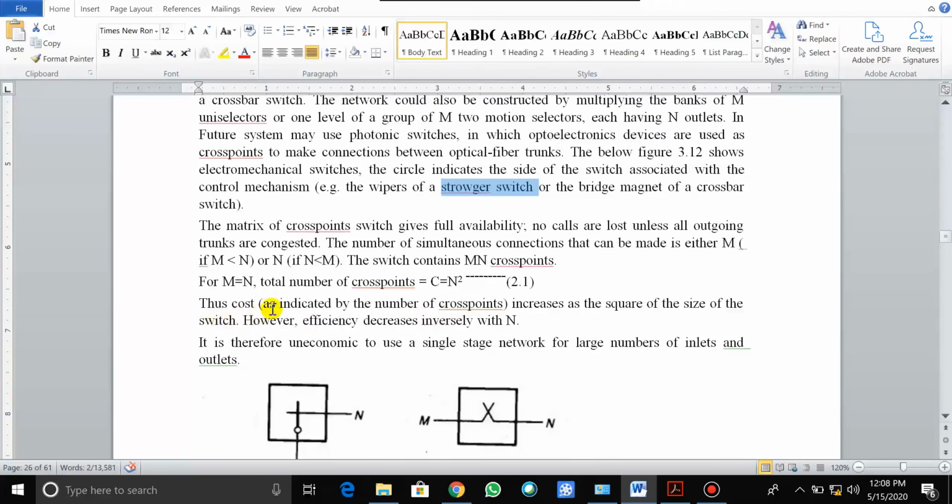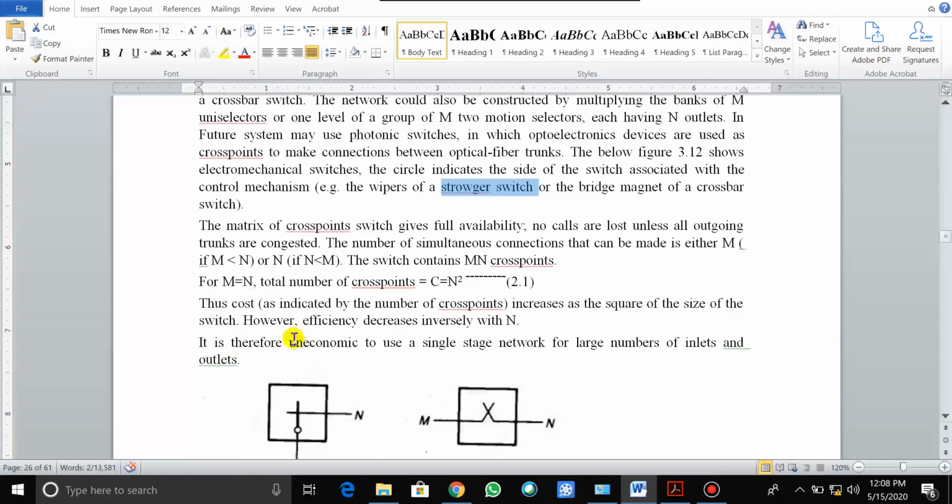Thus, the cost increases as the square of the size of the switch. However, efficiency decreases inversely with N. It is therefore uneconomical to use a single stage network for a large number of inlets and outlets.